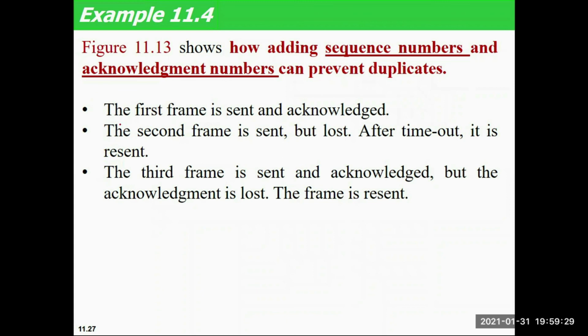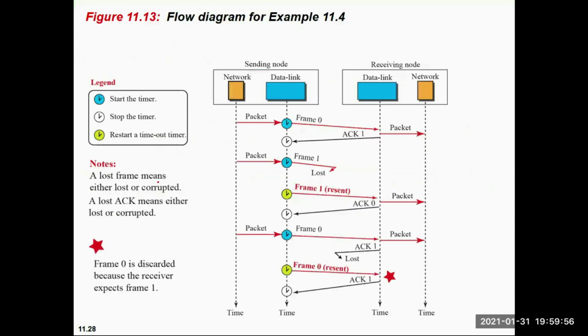In the first case, the first frame is sent and acknowledged, meaning a successful transmission. The second frame is sent but lost, and after timeout, it is resent. These are similar to the previous ones. The third frame is sent and acknowledged, but the acknowledgement is lost, and the frame is resent. We will see the previous three cases again using the same timing diagram.